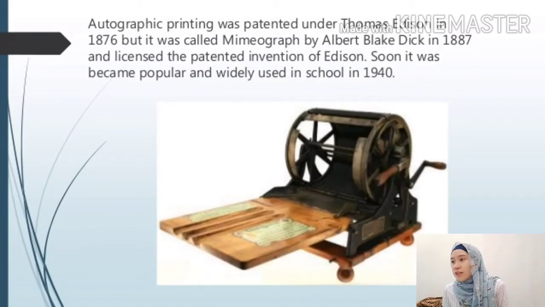Okay, so the autographic printer was patented by Thomas Edison in 1876, but it was called the mimeograph by Albert Blake Dick in 1887, who licensed the patented invention. Soon it became popular and widely used in schools in 1940.